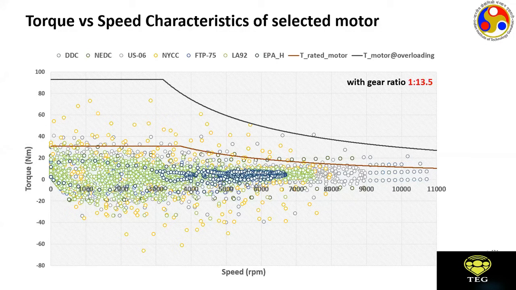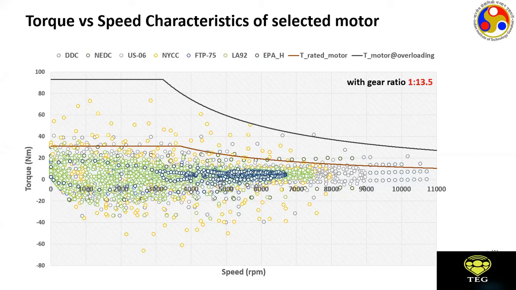If you change the gear ratio, because the gear ratio is smaller here, we need a motor with a higher rated torque. In that case also we would be able to meet all the operating points, and the machine will come to peak operating conditions only seldom, and for most of the operating points it will be below the rated curve.